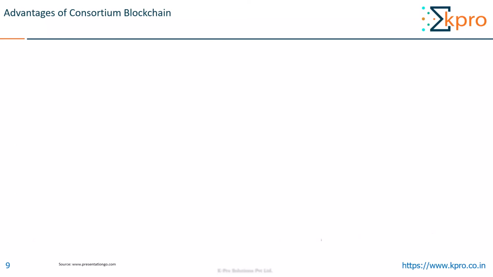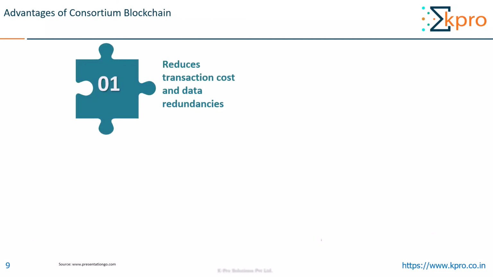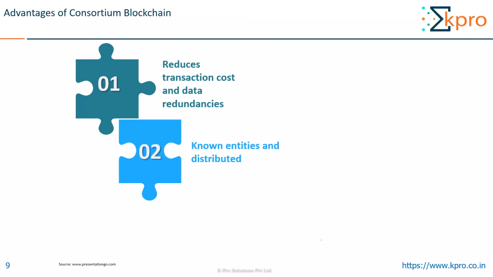Next, let us see some of the advantages of using a consortium blockchain. Since the validation process is carried out by only the predetermined nodes, the transaction cost is reduced, as well as the number of data redundancies. Here, the nodes participating in the network or having control over the network are known and distributed. Hence, the risk of the network getting attacked reduces.